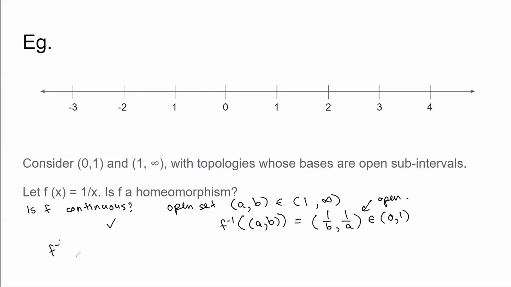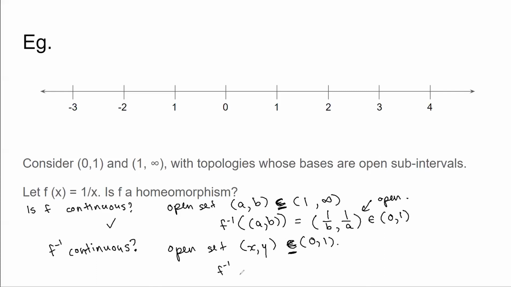Is f inverse continuous? Well, I can make an almost identical argument. So let's say I have an open set (x, y) in (0, 1). Sorry, these should be subset symbols. Let's say I have an open set (x, y) in (0, 1).